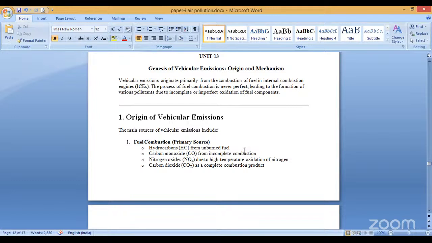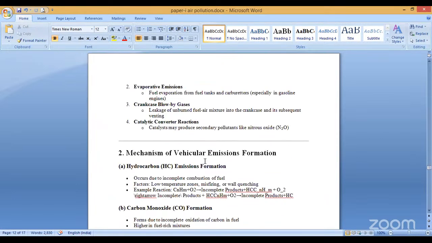The main sources of vehicular emissions include hydrocarbons from unburned fuel, carbon monoxide from incomplete combustion, nitrogen oxides due to the high temperature oxidation of nitrogen, and carbon dioxide as a complete combustion product.